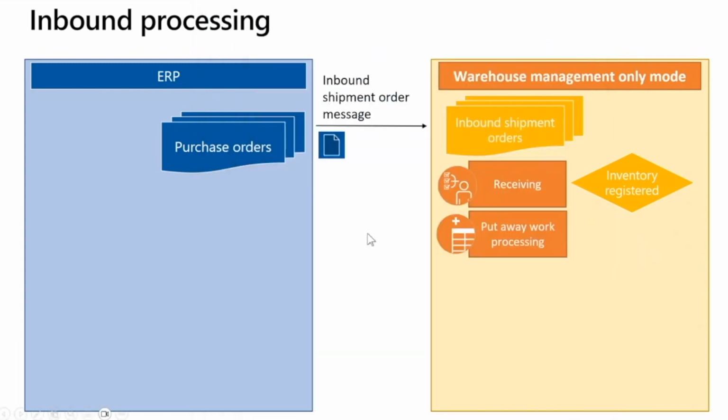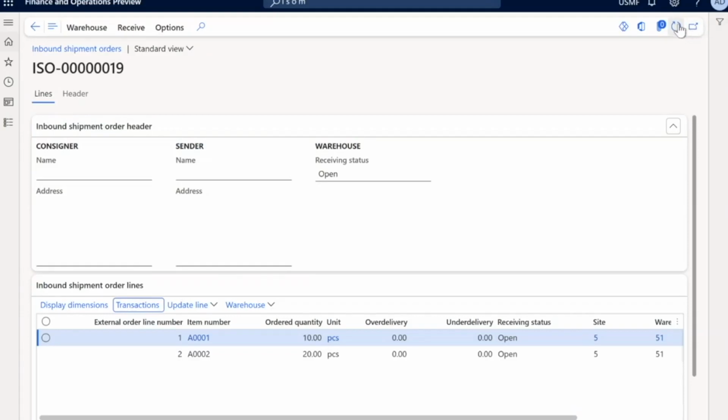And what we will see when we go here and refresh our inbound shipment order is that it has been updated to received, because we have received completed this. In this case, it's a one-to-one mapping: one inbound shipment order, one load created completely automatically as part of the registration process.